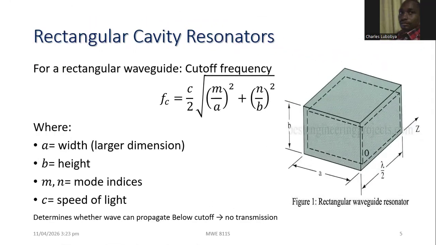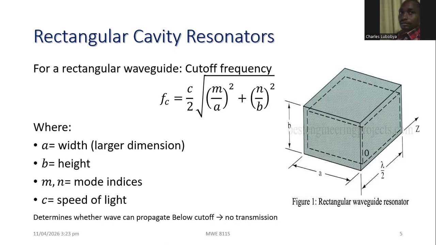So let's look at rectangular cavity resonators. What is of critical importance as we look at rectangular cavity resonators is that we already know how to calculate the cutoff frequency, which is the minimum frequency needed for you to propagate a signal through these cavity resonators.